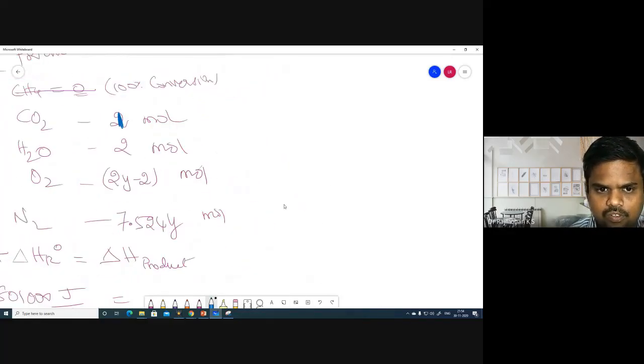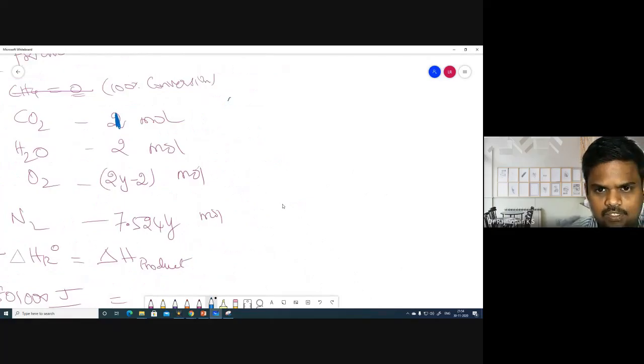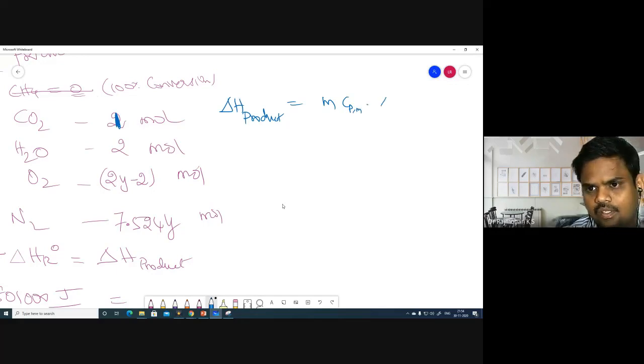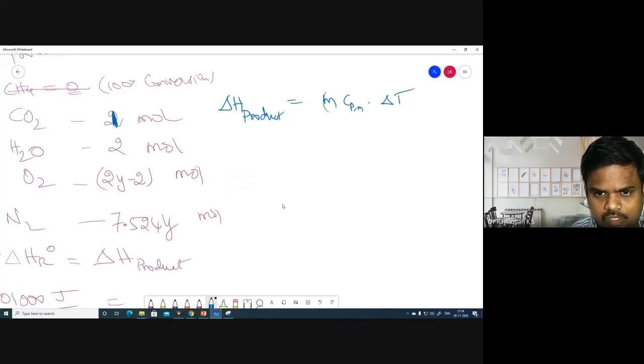Okay. So that way we can calculate delta H of the product. Delta H of the product is equal to the summation of m Cp mean into delta T. We can get that value by multiplying by the respective values.